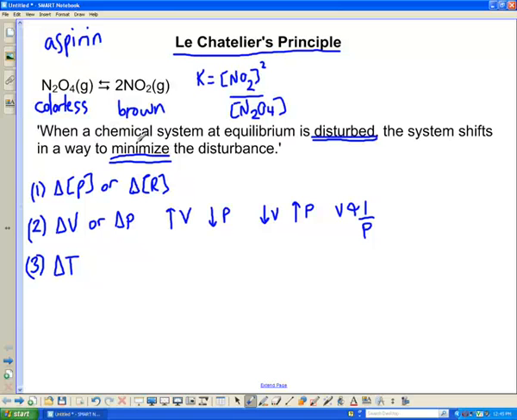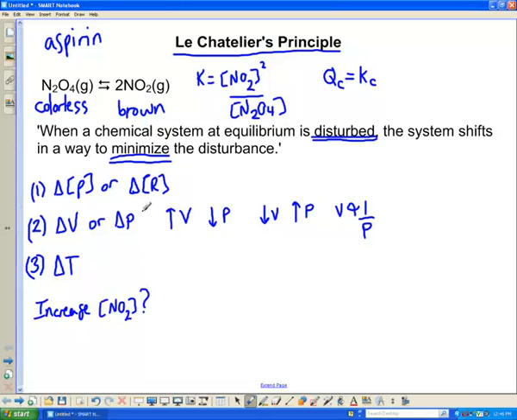Alright, so let's imagine we're at equilibrium for this reaction here. Our reaction quotient is exactly the same as our equilibrium constant. So we are at equilibrium here. What would happen if we were to increase, what should we do? Let's increase our concentration of NO2.